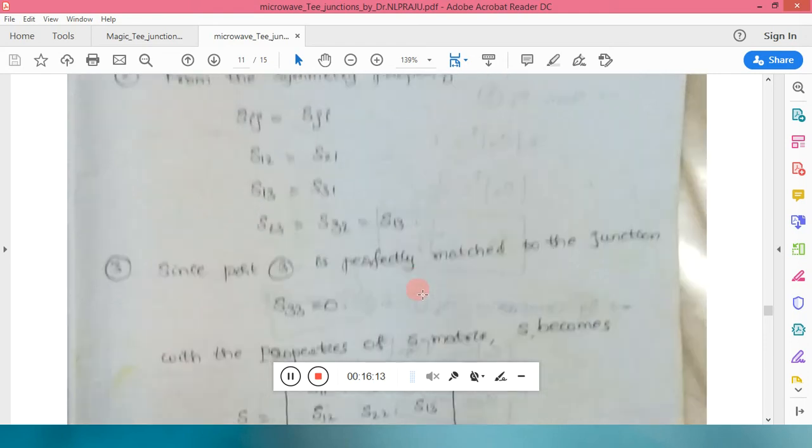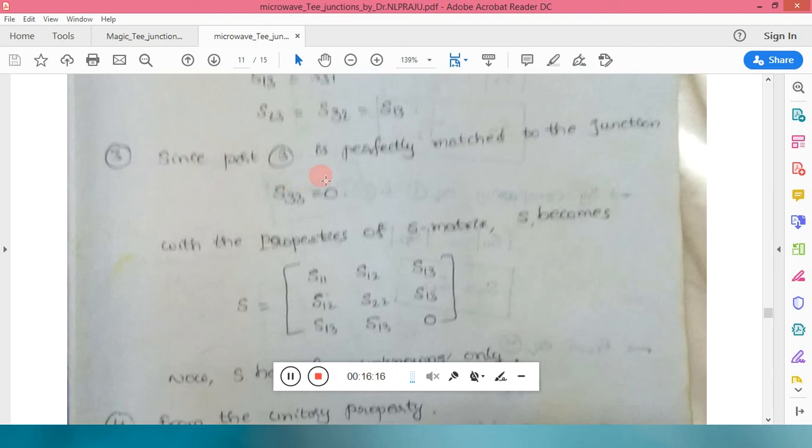Now, since port 3 is only one rectangular waveguide part added to the main waveguide, it should be perfectly matched with the junction. Therefore, in a perfectly matched junction there is no reflection, so S33 equals 0.